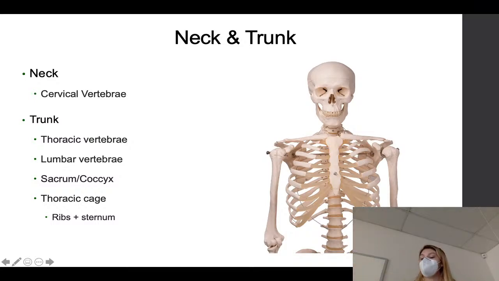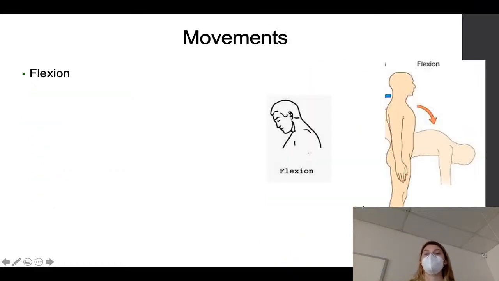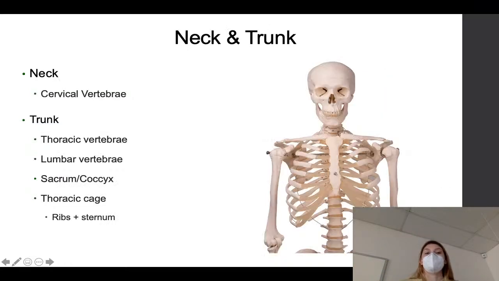It's going to be our lumbar vertebra, which is going to be our low back. Our sacrum and our coccyx are part of both the pelvic girdle and the trunk because they're the bottom of our spine. And then also our thoracic cage, and that is your rib cage and your sternum, which is like your breastbone. And we're going to talk more in depth about all of these. I'll give you a second to write it.